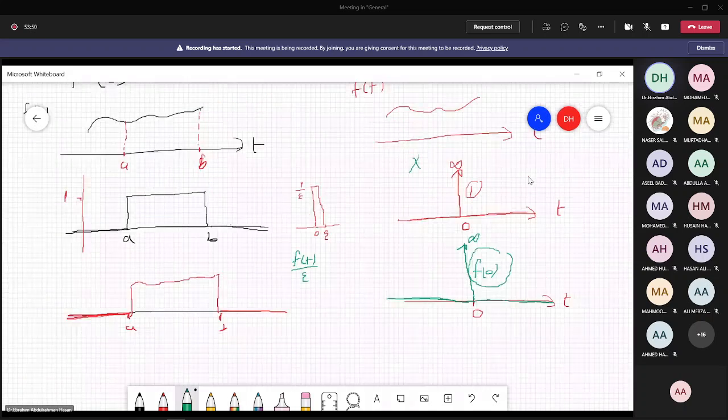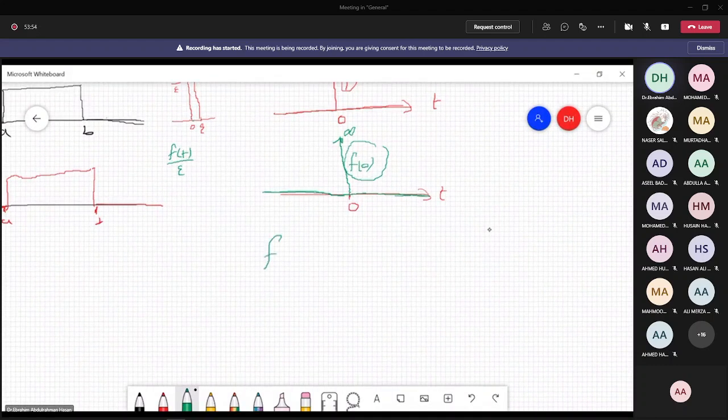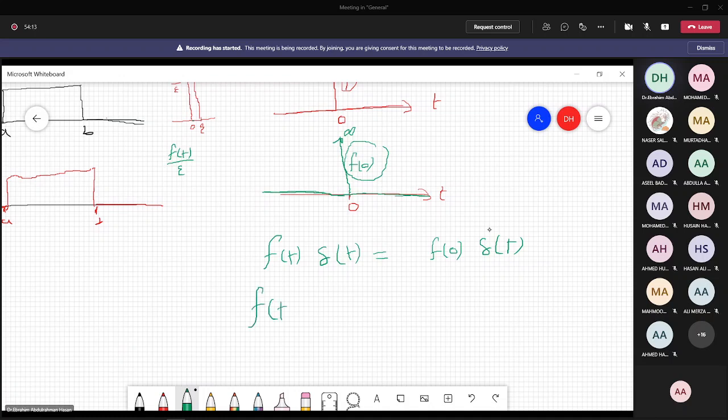Which means that f of t multiplied by delta t is equal to delta t, but with the strength equal to f naught. What about f of t multiplied by delta t minus t naught?